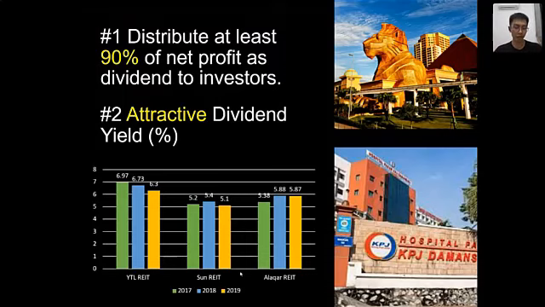On the first one, you can see YTL REIT, in the middle Sunway REIT, and on the right, KLCC REIT. For your information, KLCC REIT owns and runs KPJ hospitals, most KPJ hospitals around us, right? As you can see, because of their distribution policy of more than 90% and also their attractive dividend yield, in a way, they give us as investors a very, very stable return from year to year, right?